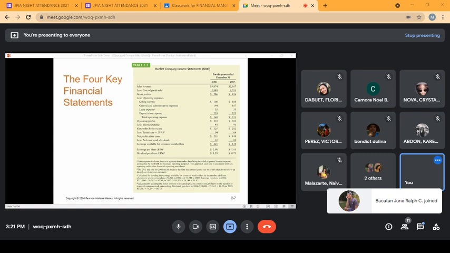Okay? The cross-sectional analysis, even if it is used to compare different firms, in a sense your firm must be compared to a firm that is similar to the industry that you are a member of, no?